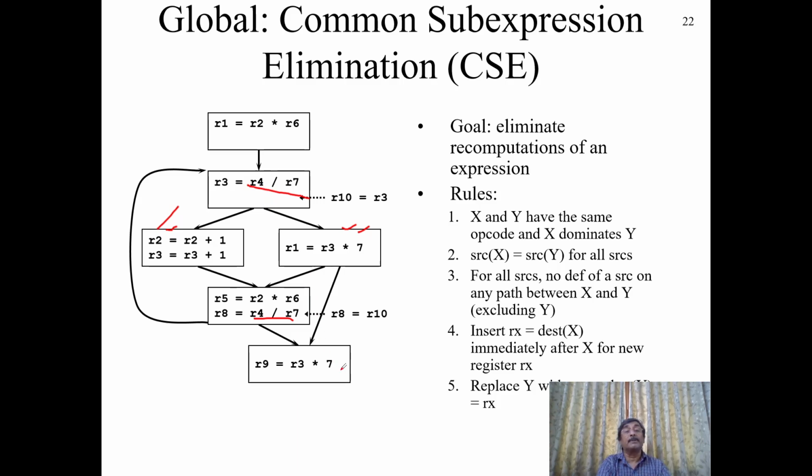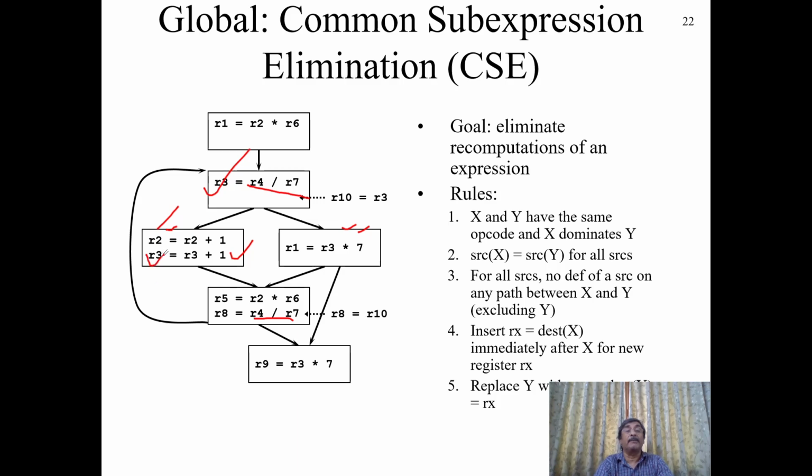So I can simply say R8 is equal to R3, or I think R3, and if I write R10 equal to R3, then I can write R8 equal to R10. Now, why am I writing R10 equal to R3? Because I cannot write R8 equal to R3, since even this R3 is changed here.